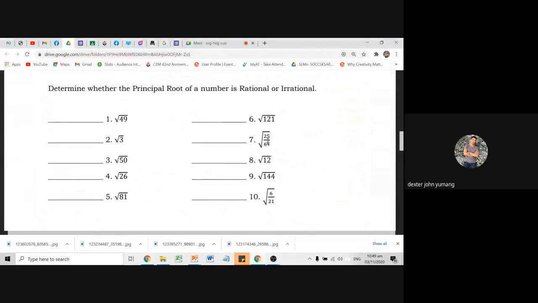Next, yung 9. The number 9, square root of 144. Rational po lahat. Wala pong sumagot ng irrational.